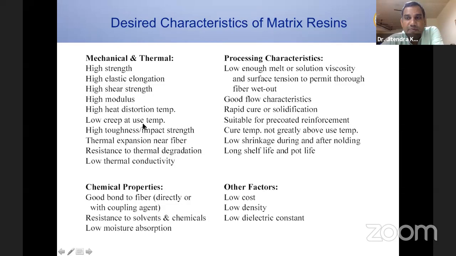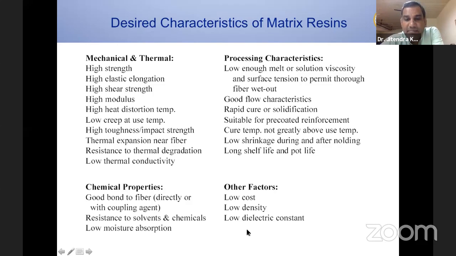When you deform any surface permanently for some duration, what permanent deformation occurs? The resistance to that permanent deformation at constant load is called creep. And then you need high toughness and low thermal conductivity. These are a few mechanical and thermal desires when you choose the matrix.